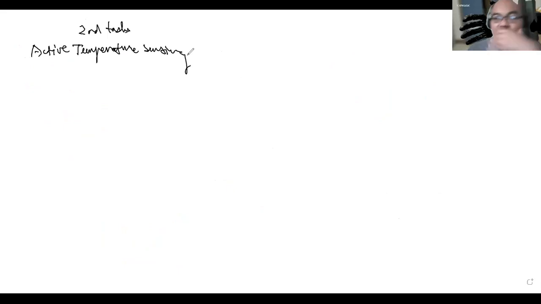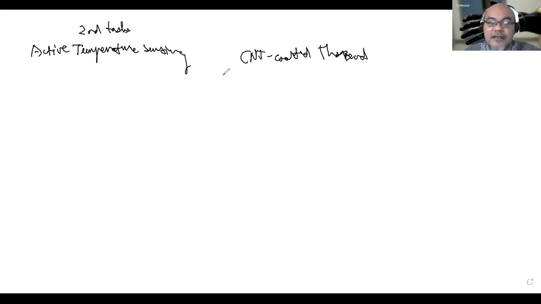So the idea is to have a thermometer which is based on a thermistor. Either we have the sensor here in our lab using carbon nanotube coated thread, but since your subject here is electrical engineering, you can also use a normal simple thermistor.